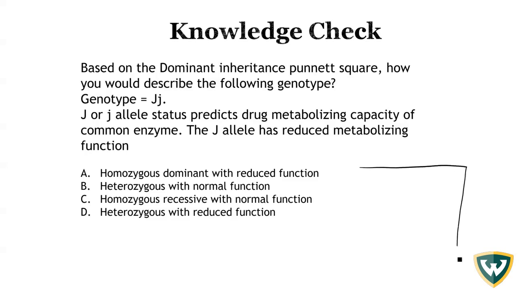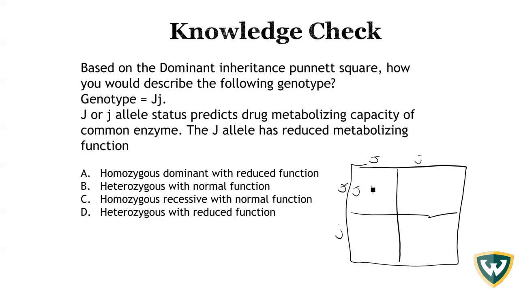So let's just do the Punnett square real quick here. So we have big J, little j. So let's pretend that we have two heterozygous parents. Again, big J, big J, big J, little j, big J, little j, little j, little j. So the one we're interested in here, or at least for this answer, is here. And so we know what?